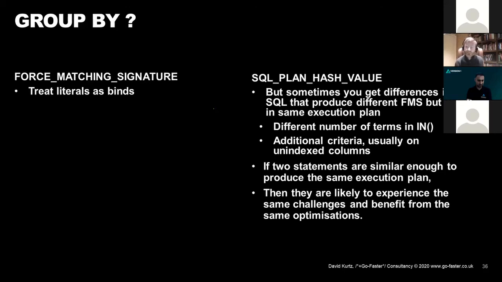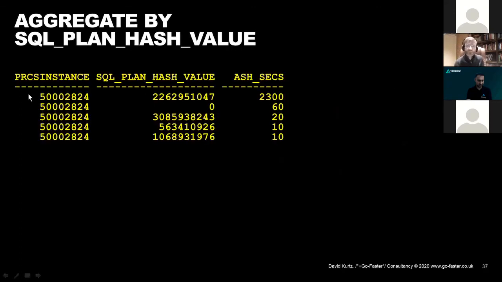If two statements are similar enough that they produce the same plan hash value, then they are likely to experience the same problems and benefit from the same optimizations. So now if I take the same data set and group by plan hash value, it's very obvious where my time went. The statements that produce that plan hash value, 226 and so on, took 2300 seconds. That's what I need to focus on. Always focus on the thing that took the most time.